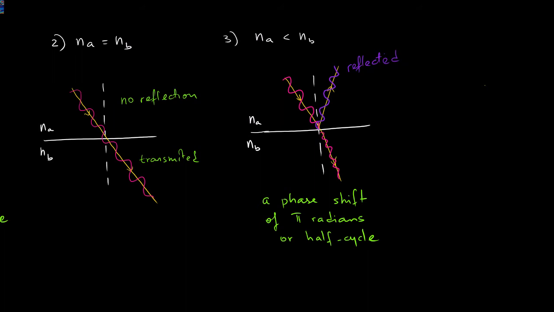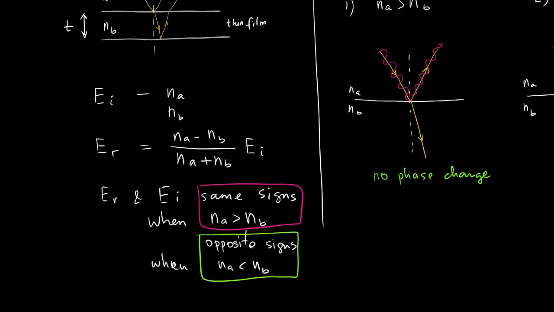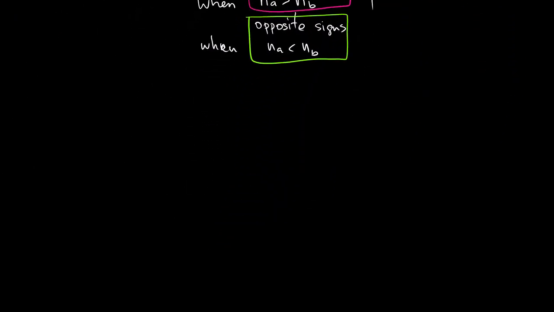To better picture the situation, let's do some examples of thin gasoline film on water. Suppose we have a thin film with the thickness T, on top of water.